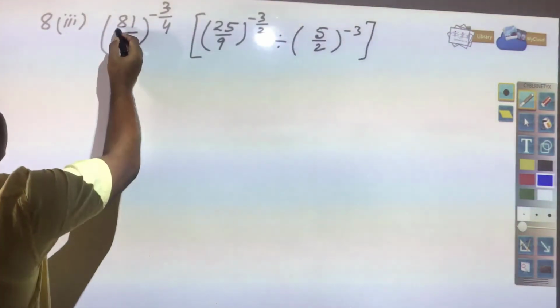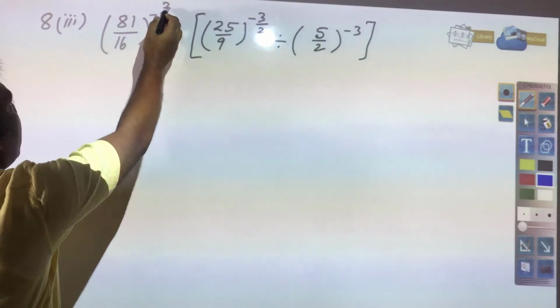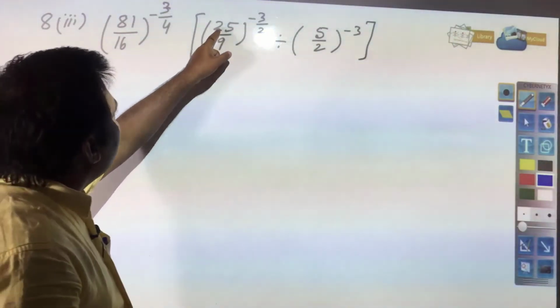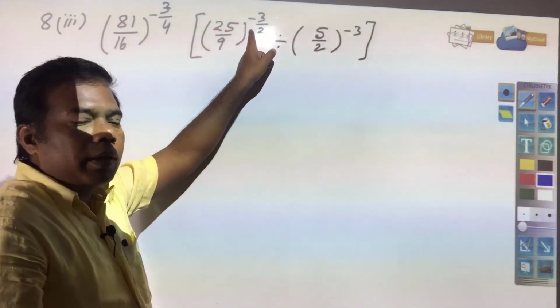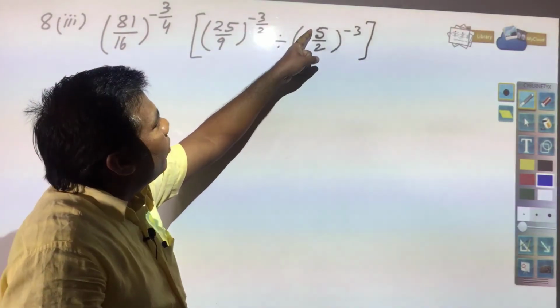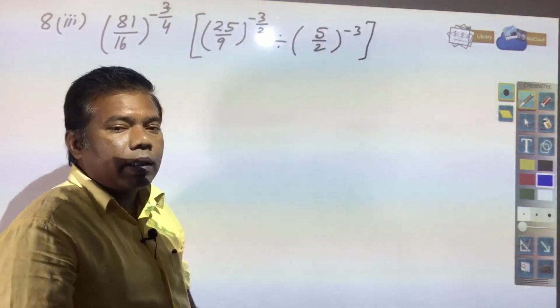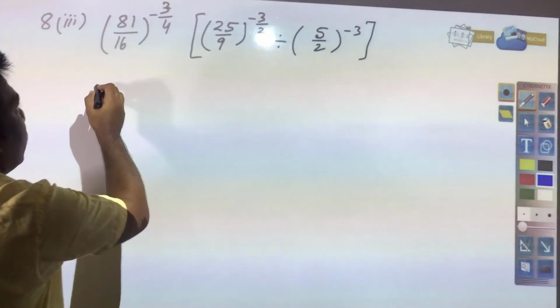here you have 81 by 16 to the power minus 3 by 4, 25 by 9 to the power minus 3 by 2 divided by 5 by 2 to the power minus 3. So, how we will solve this?